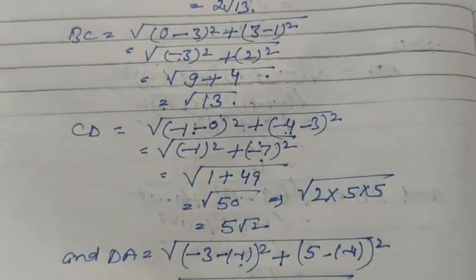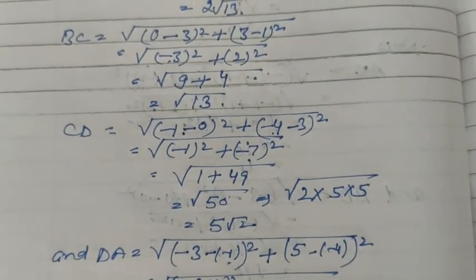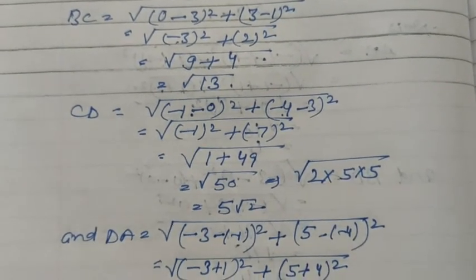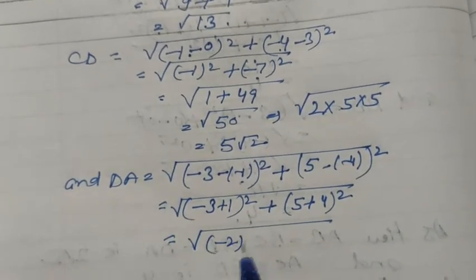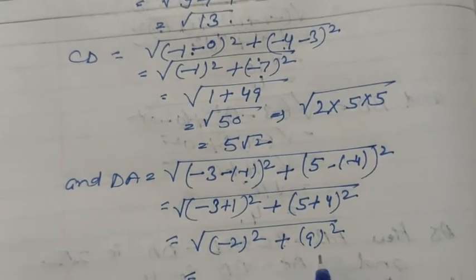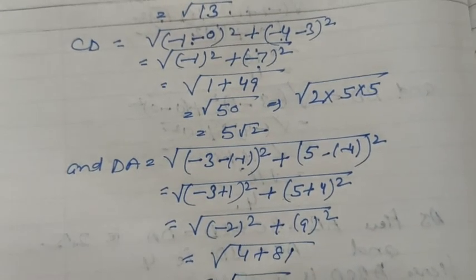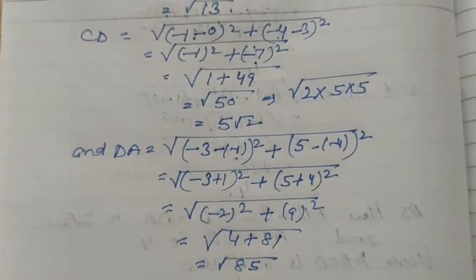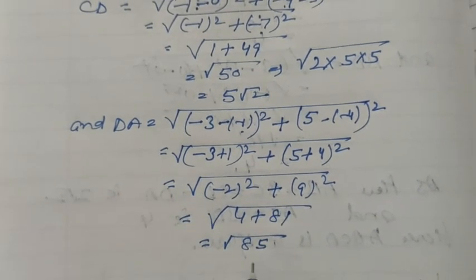So solve it: (minus 3 plus 1) whole square and (5 plus 4) whole square. Minus 3 plus 1 becomes minus 2 whole square, plus 5 plus 4, 9, whole square. So this will be 4 plus 81, which is 85. So this is root 85. The fourth side is root 85.